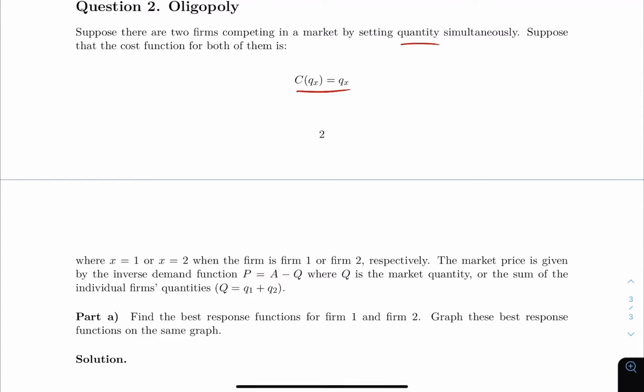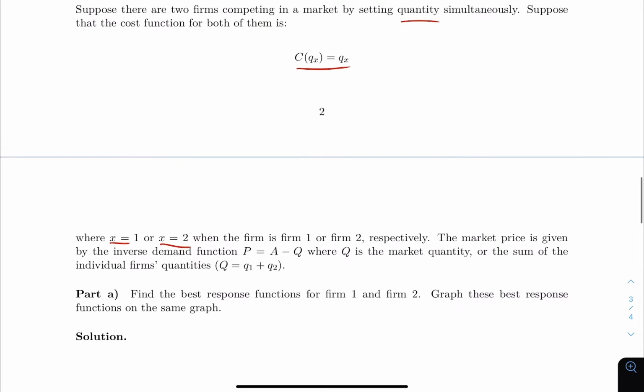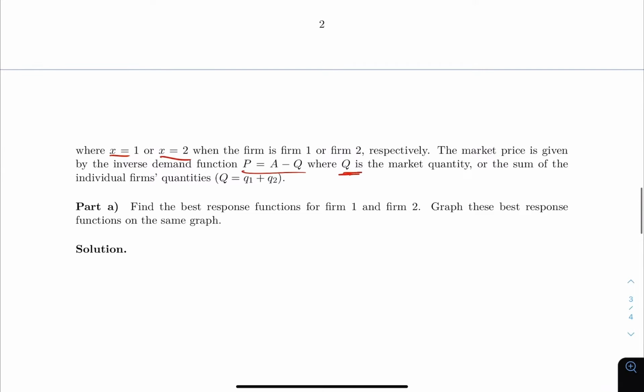So we have x1 and x2 for each firm. We have our inverse demand equation, and quantity is just the sum of the two individual firms' quantities.